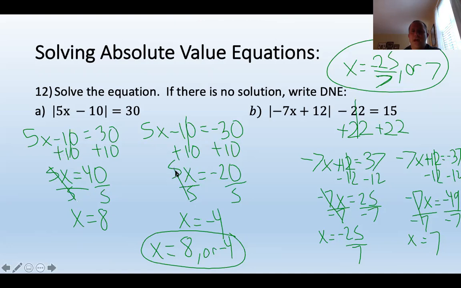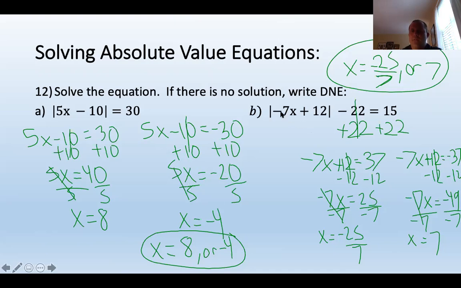That would give us 5x equals negative 30 plus 10 is negative 20. And then divide through by 5 on each side, and that would give us x equals negative 20 over 5 is negative 4. So you have x equals 8 or negative 4. That's your two solutions on this particular problem.